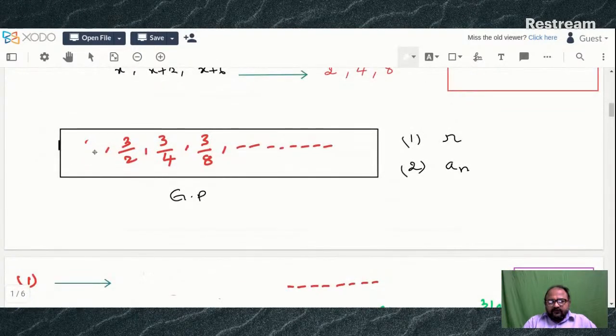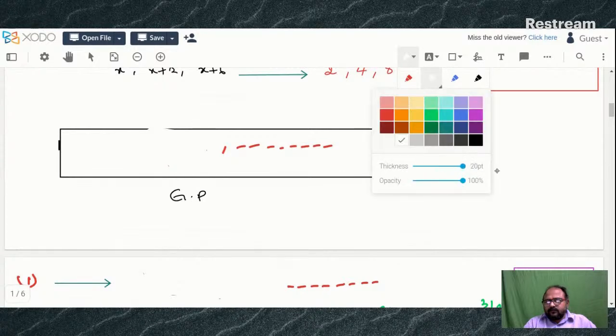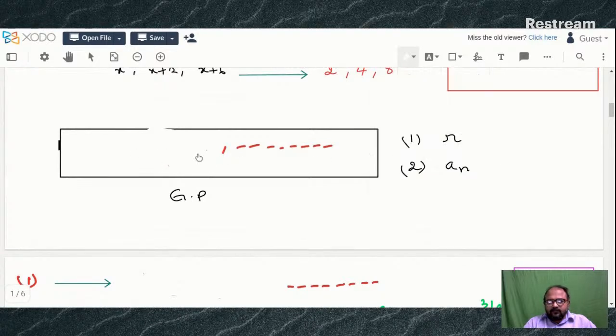So another problem, we will consider the next problem. Let us note down the list of numbers given to us.